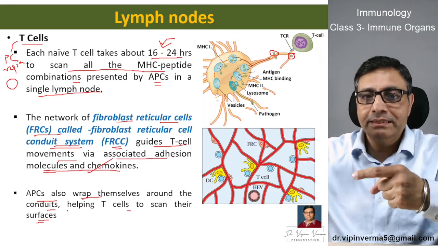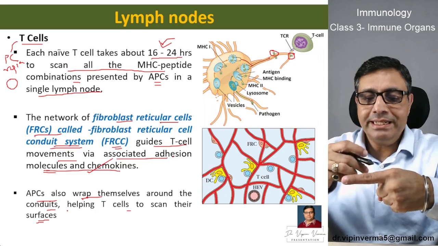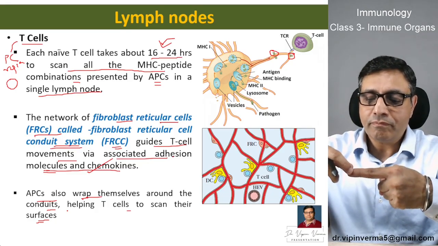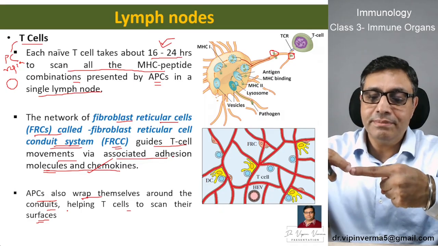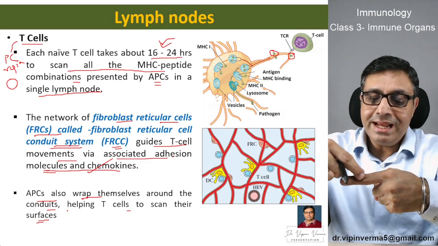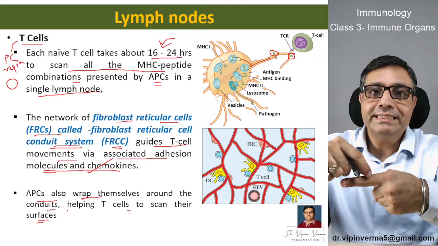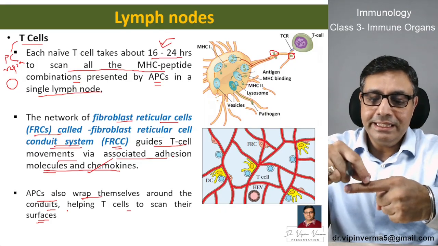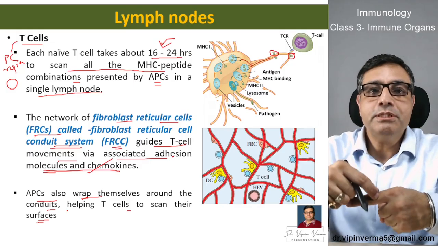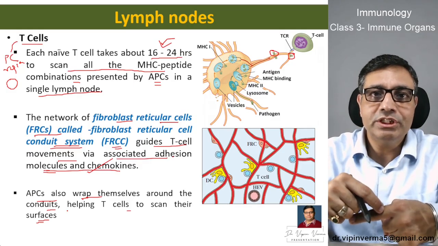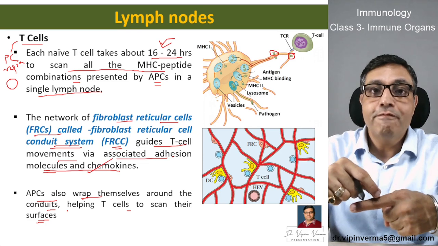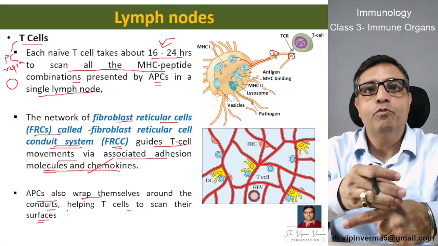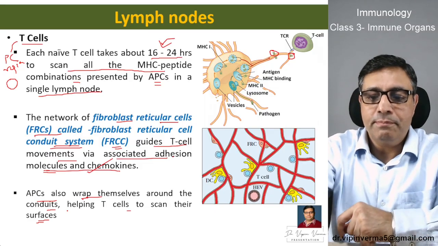So suppose this is the conduit, and here there is a wrap of the antigen presenting cell, and here the T cell is coming, gliding. When it reaches the antigen presenting cell which has wrapped on the FRCC, it will scan the possible MHC peptide combination, and if the combination is found, it will immediately engage. If it is not found, it will move on. So that's how it happens.